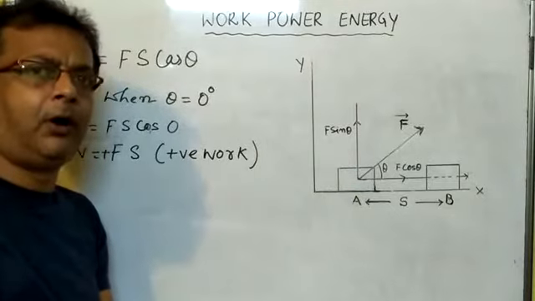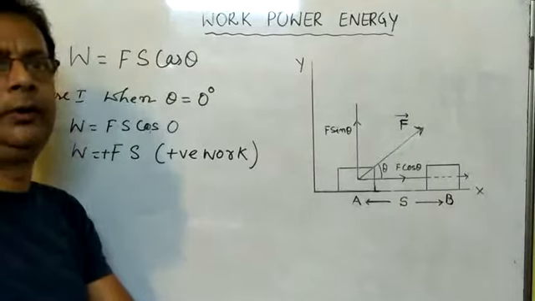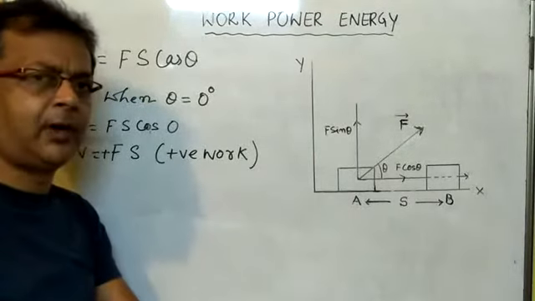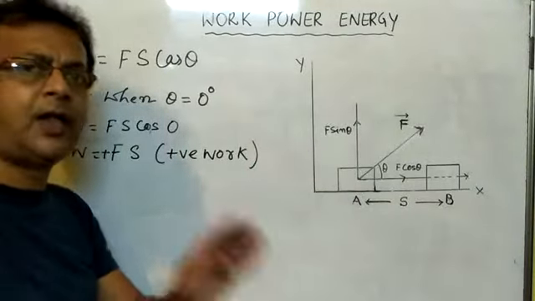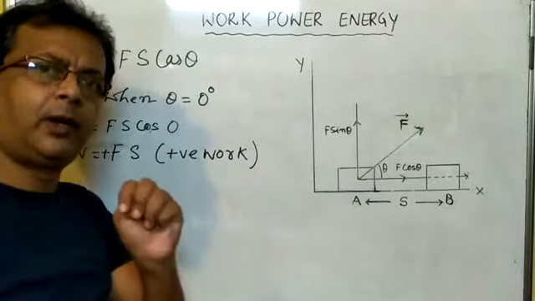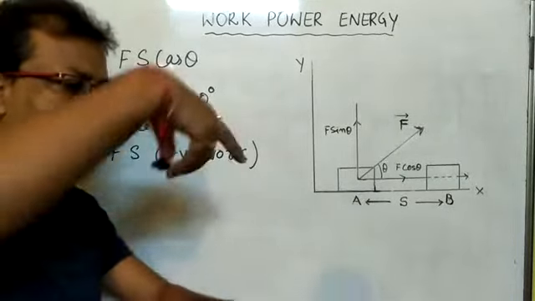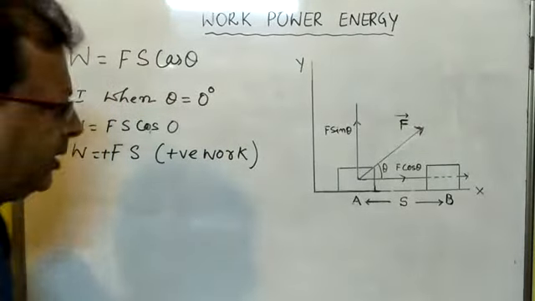If you drop the ball, then gravitational force is in the downward direction, and displacement is also in the downward direction. That is an example of positive work. So, positive work means force and the displacement are in the same direction.